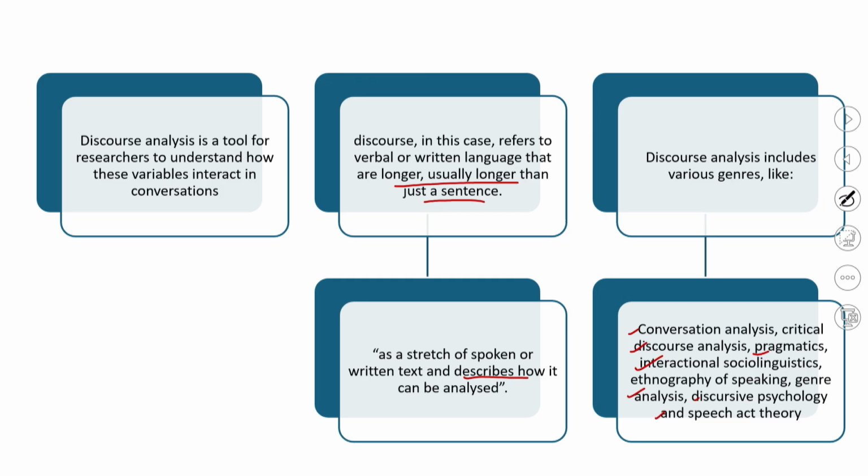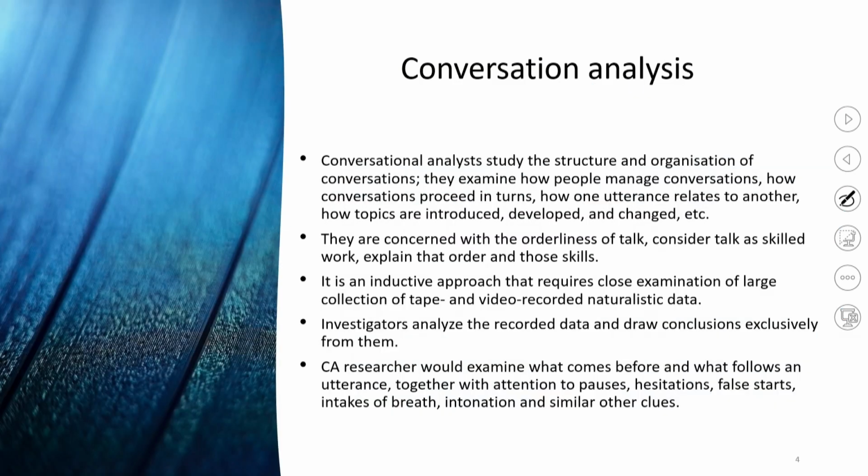There are a number of different genres within discourse analysis. So, it is not just one type, because each of them will focus on one type of variable. That is why we listed the variables in the beginning. Each of them has a different perspective on that. Now, we cannot discuss all of them. So, we will discuss conversation analysis and critical discourse analysis for this course.